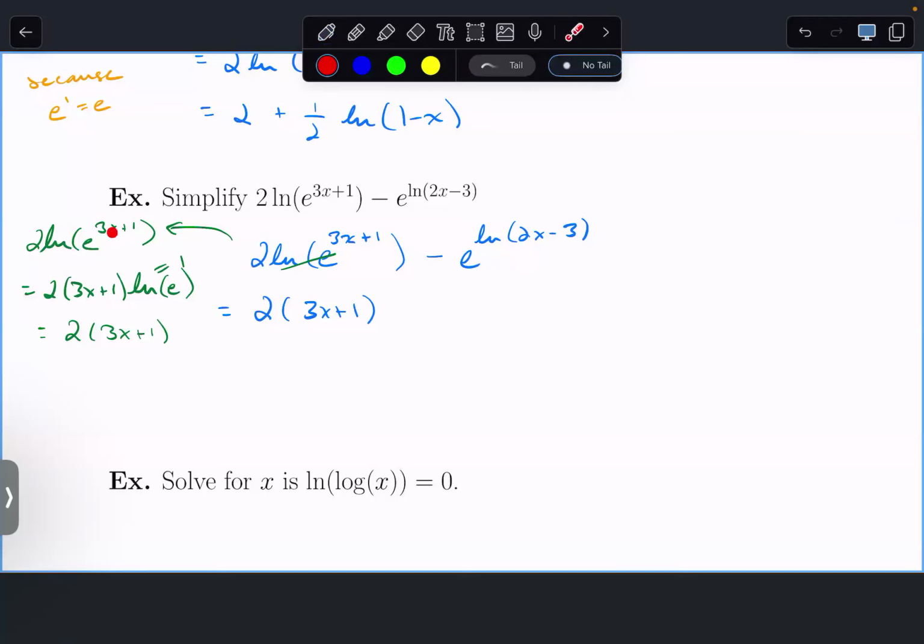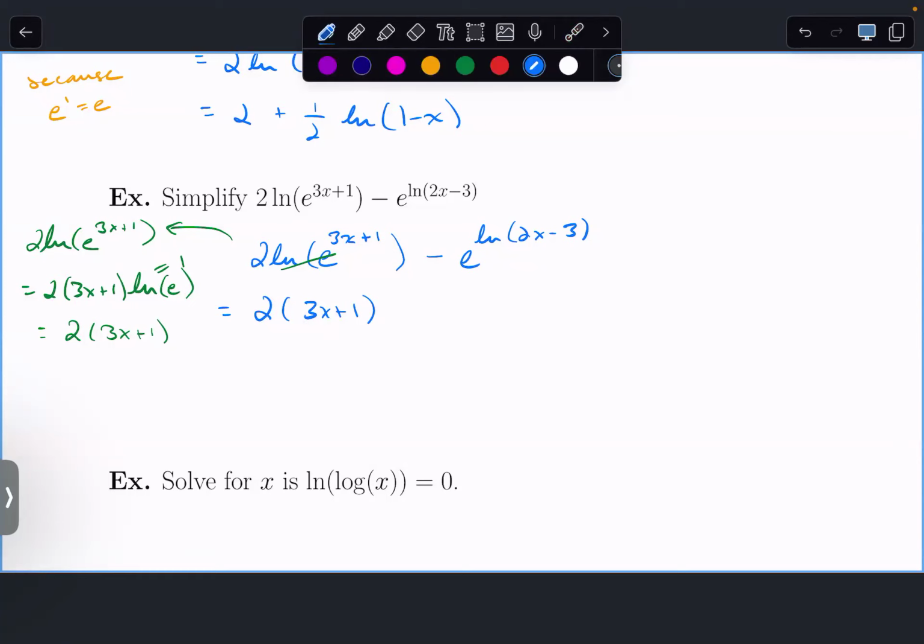You can say, okay, this is a power, which I'm allowed to bring down in front by the log laws. And then I have the natural log of e, which you would then have to deal with and say, okay, well, that's 1. It's just the longer way. Technically, I'm okay with this jump or this leap.